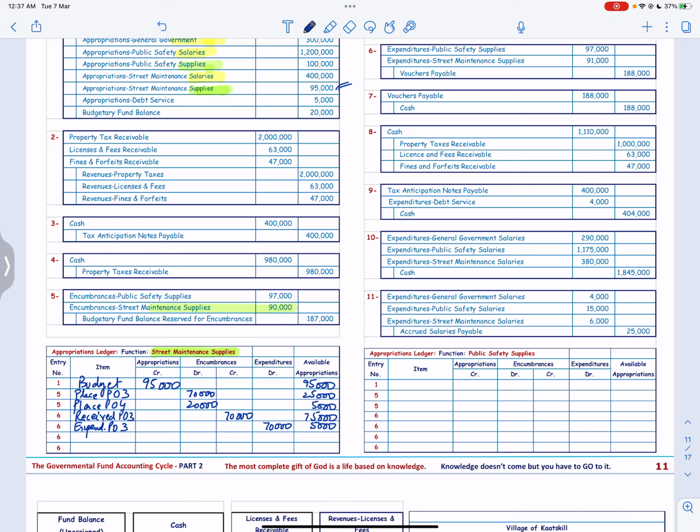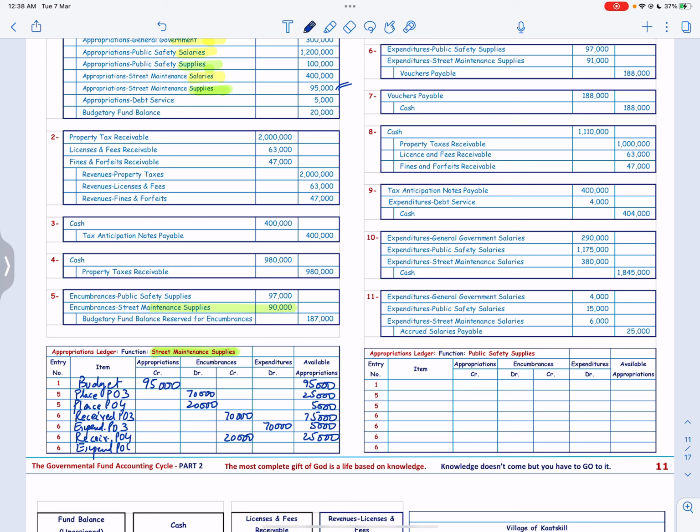Then we have received purchase order number 4, and when we receive purchase order number 4, the encumbrance will be reversed from debit to credit, that is 20,000, and now the total is 25,000. And we have to record the expenditure.